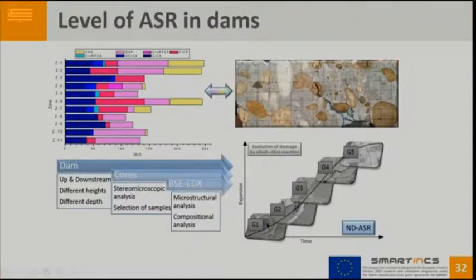The smallest degree is G1, that means that we find gels only in pores, inside the pores, not filling completely the pores. And this is the evolution until the massive products of alkali silica reaction in the concrete.